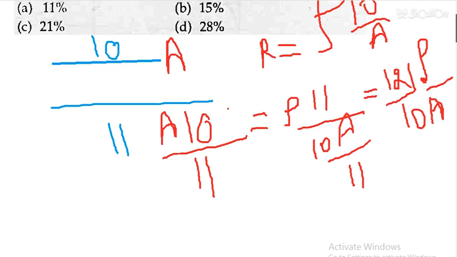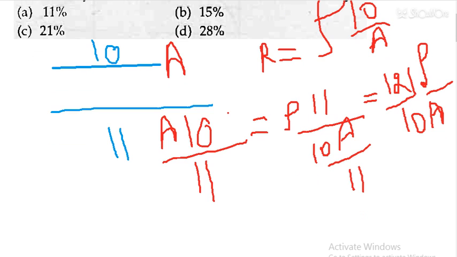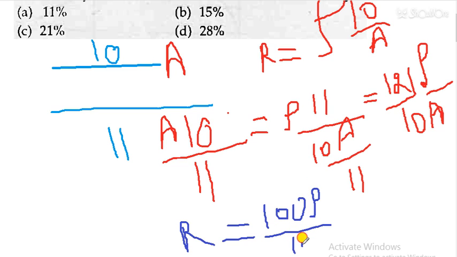Now we have to split it into two parts so that we can get one value as L also, R also. So the new resistance R is equal to 100 rho by 10A plus 21 rho by 10A.